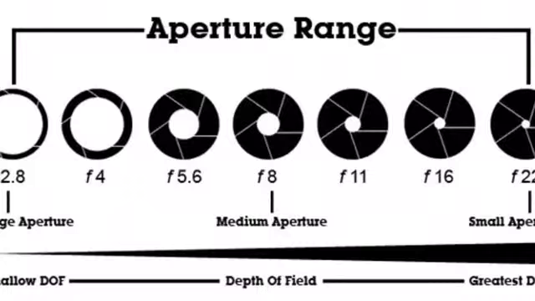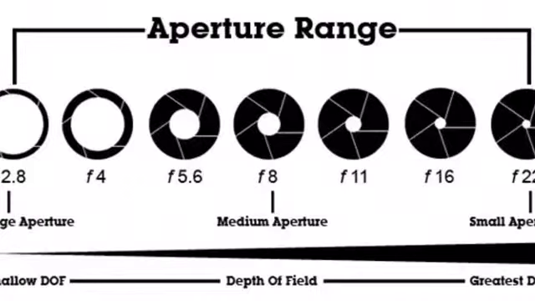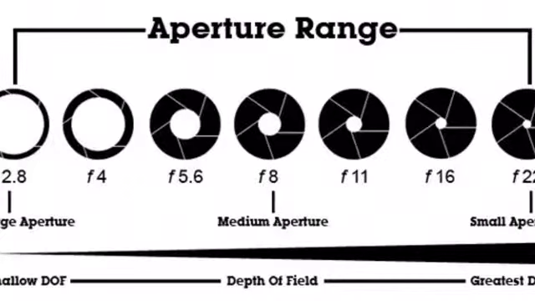Because I'm letting in more light, I have to take away light somewhere. And so instead of a 1/60, I'm going to shorten my shutter speed to 1/125th of a second. That makes up the difference, and I still have the correct exposure.